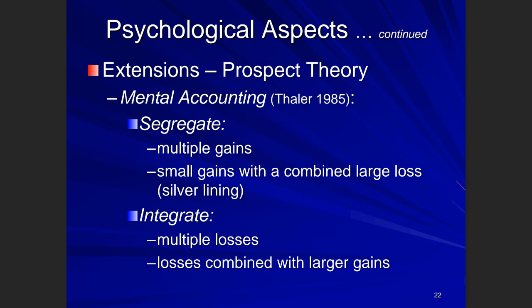Pay $2,000 and you get those plus a bunch of other things, and so on and so forth, as opposed to a set amount for each individual attribute. Same with satellite TV. You order satellite TV and you have all these bundled packages of channels. It's all about trying to create those bundles, if you will, and integrate those losses, so to speak. So that's a key way of doing it.